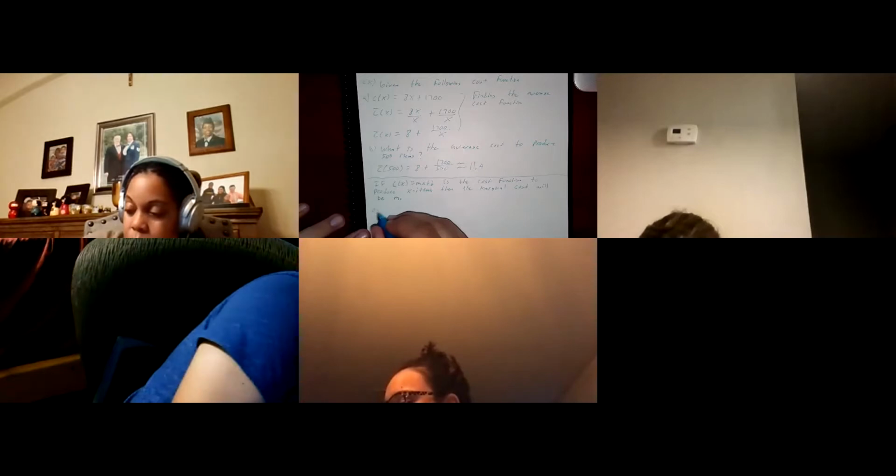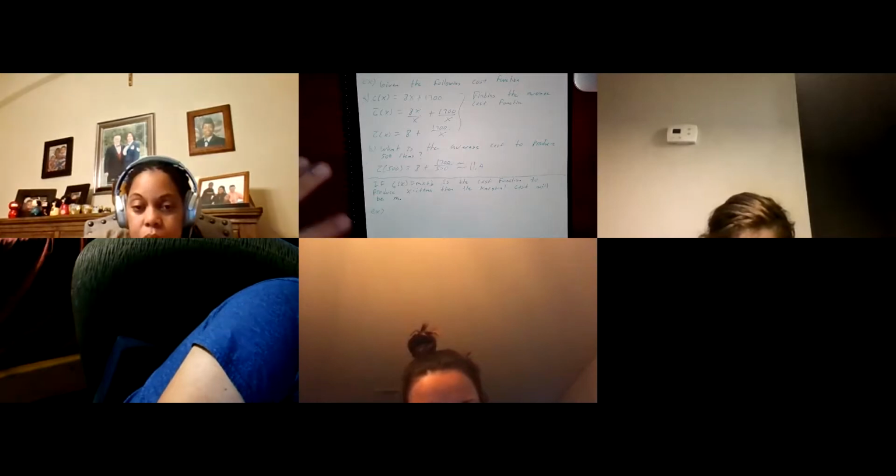So when you create your function, you just choose the m if they ask for marginal cost. Okay.